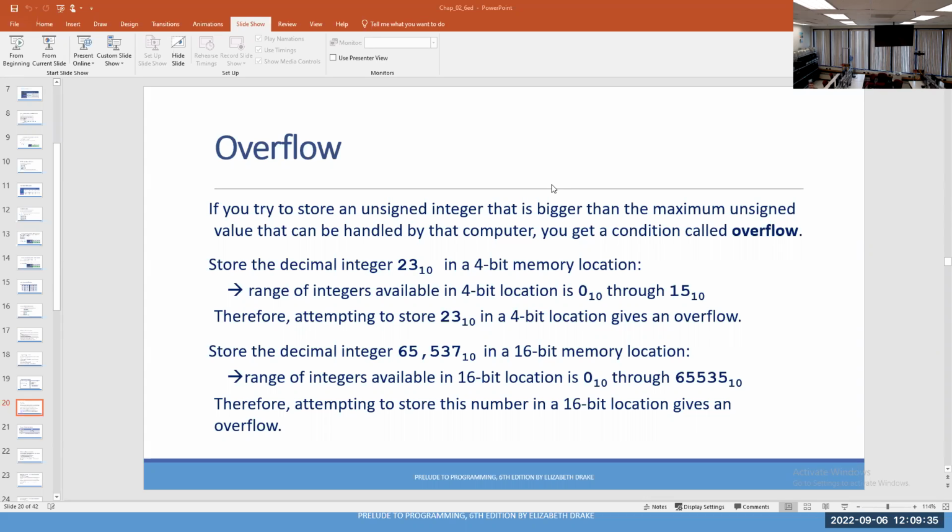I cannot do that. The reason is that 23 here, when you convert it into binary, you need the 16. You need the 16 here, right?